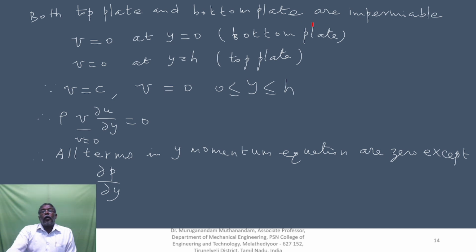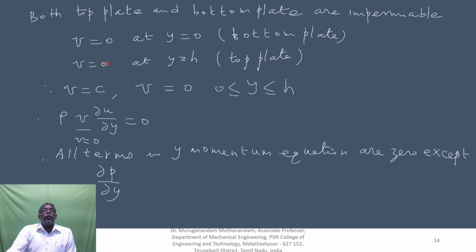Both the top plate and bottom plate are impermeable. What do you mean by that? The fluid cannot enter into the plates. Impermeability. Due to the impermeability condition, the velocity component of the fluid flow is 0 along y direction, both at the bottom plate location where y is equal to 0 and the top plate location y is equal to h.